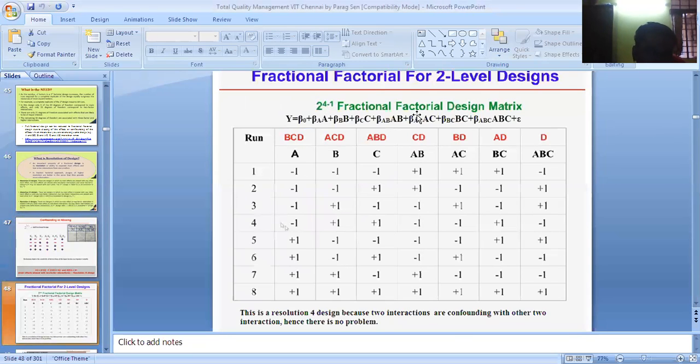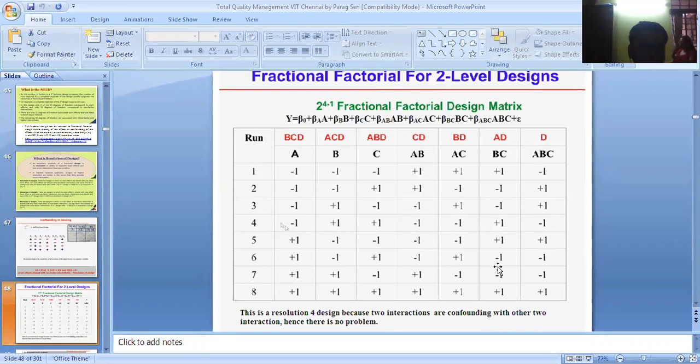So all these are examples of half fractional design, because for 2 to the power 4 you need to conduct 16 experiments, but here for 2 to the power 4 minus 1 you need to conduct 8 runs or 8 experiments. So you need to conduct half the number of experiments. That's why all these are treated as half fractional factorial design.